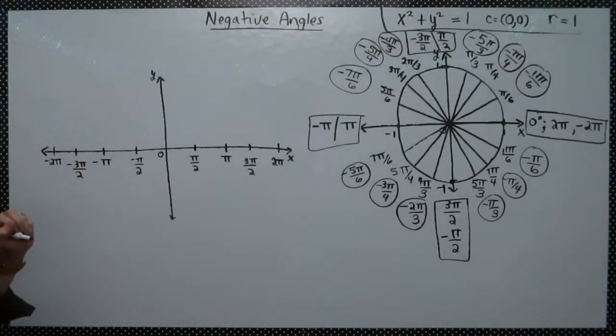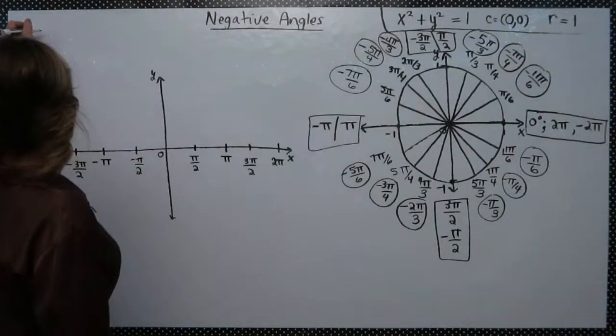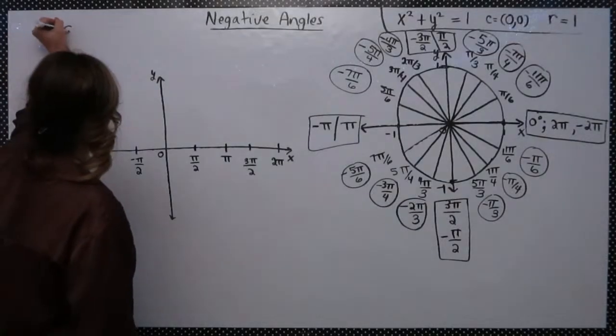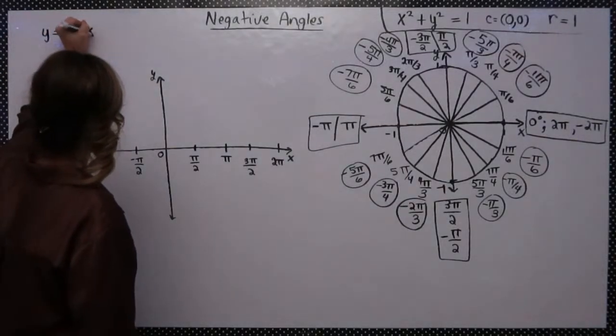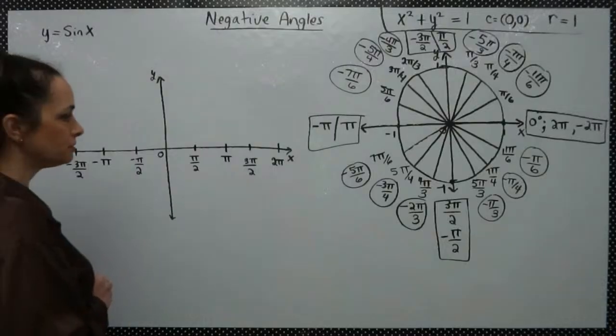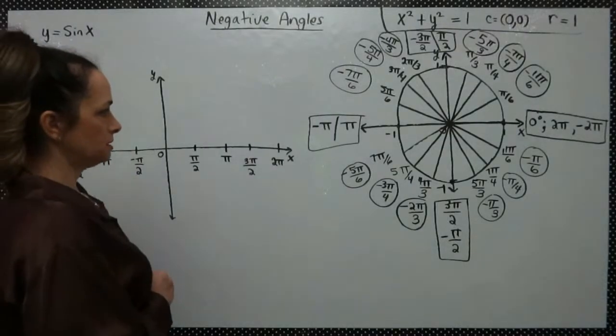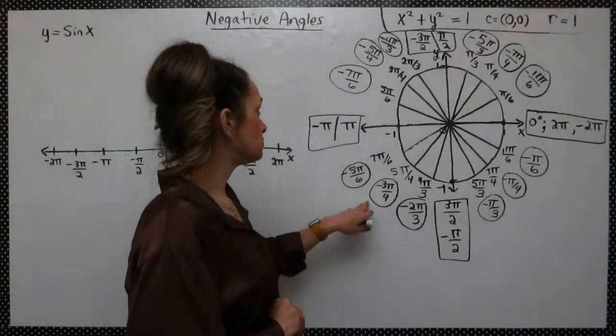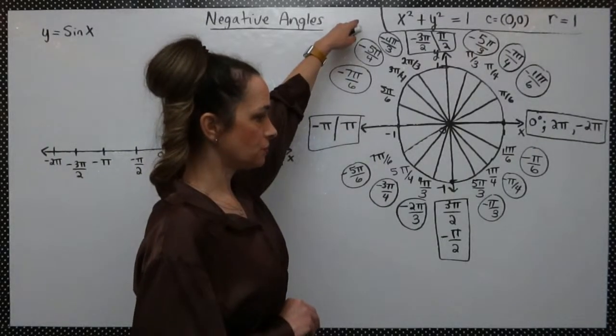And what's happening is we're going to go ahead and sketch the graph of the sine function, y equals sine x. And recall that the sine function is a periodic function where it has repeating values. It's cyclical. And that's the reason why we're able to derive its values from an equation of a circle. Okay.